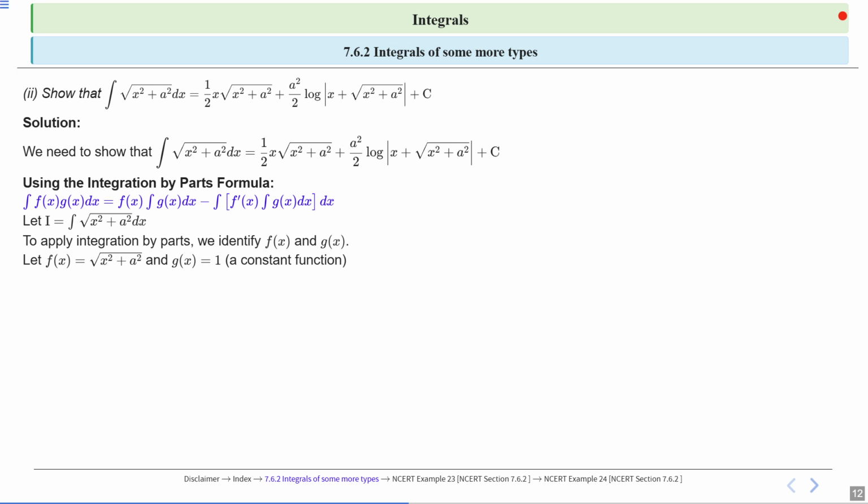We have to calculate the differentiation of root under x square plus a square. Okay. And so take f(x) is equal to root under x square plus a square and g(x) is equal to 1.